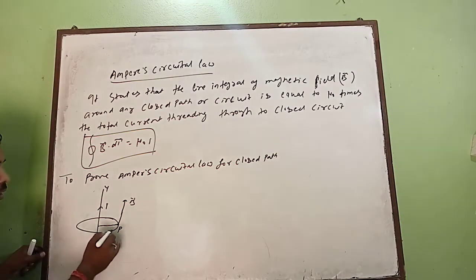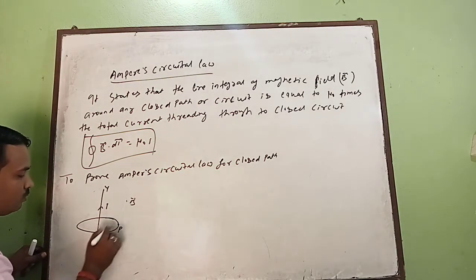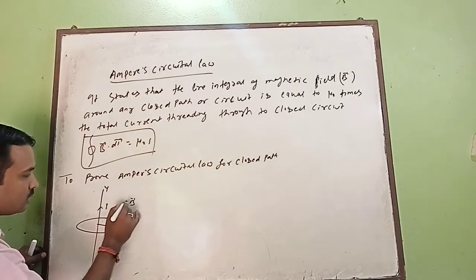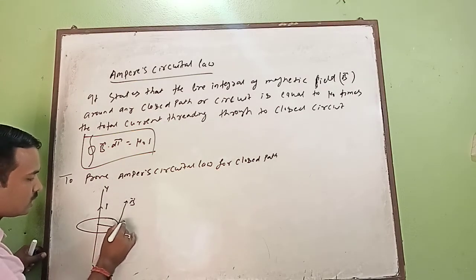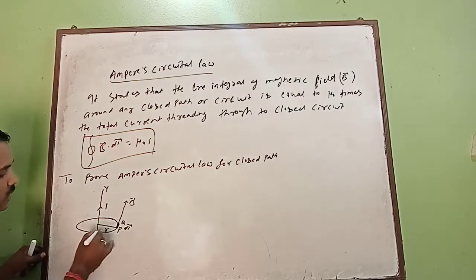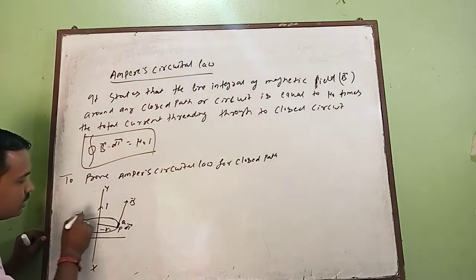Is it clear? Very good. And you can take the elementary portion. Suppose this is the point P and this is the magnetic field, and this is Q, and this small portion is dl, the elementary portion, and r is the radius of the circular path that you can take here.